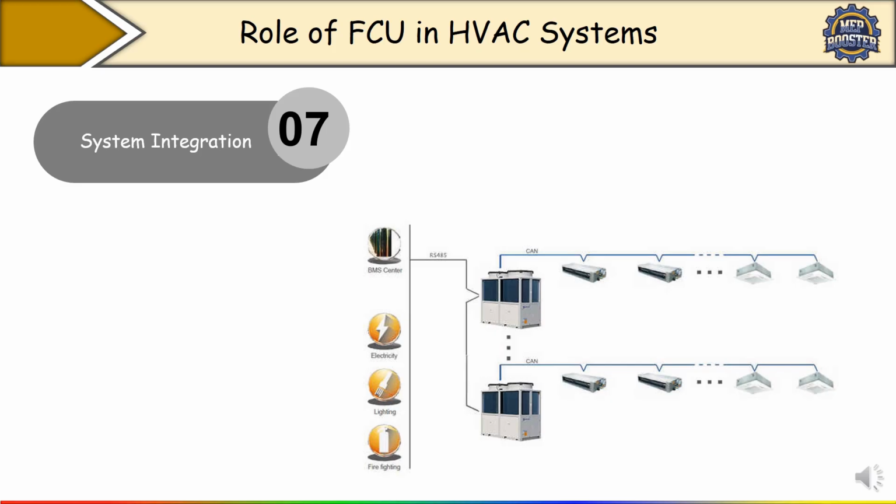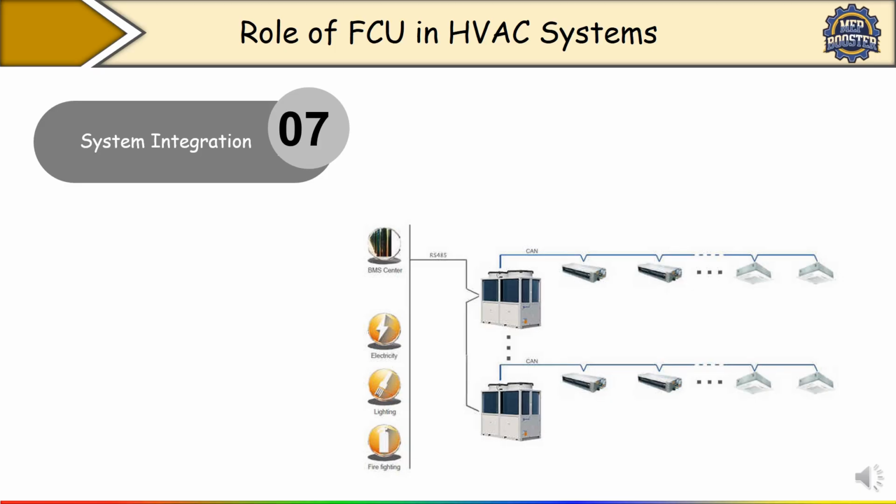You can see in this figure also, the FCUs are connected to a central HVAC system that supplies either chilled or heated water. They are also integrated with thermostat control, allowing occupants to set their preferred temperature. Some advanced systems even connect to a building management system, BMS, for centralized monitoring and control.